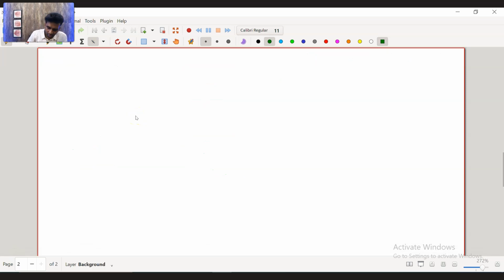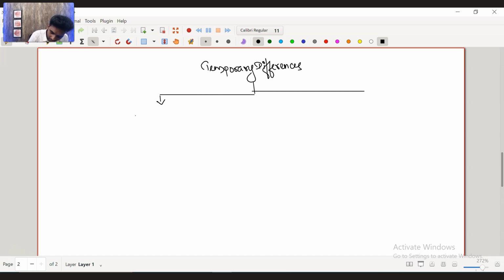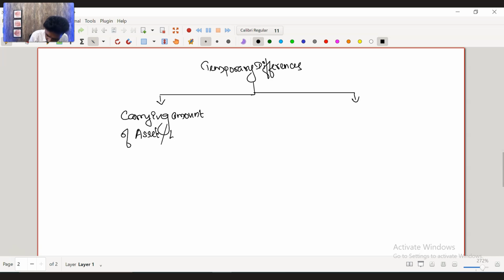So the temporary differences are the difference between the carrying amount of the asset or liability against the tax base.